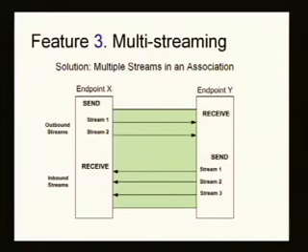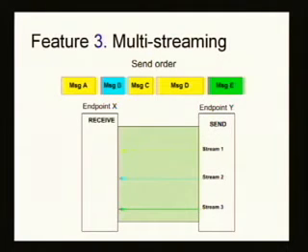To see this in action, say we wanted to send messages A, B, C, D, and E, and our only ordering constraints are that message A has to arrive before C, and C has to arrive before D. That's what the colors are supposed to indicate. So as an SCTP application developer, we can put messages A, C, and D on one stream, put B on another stream, and put E on another stream. So that's what we do.